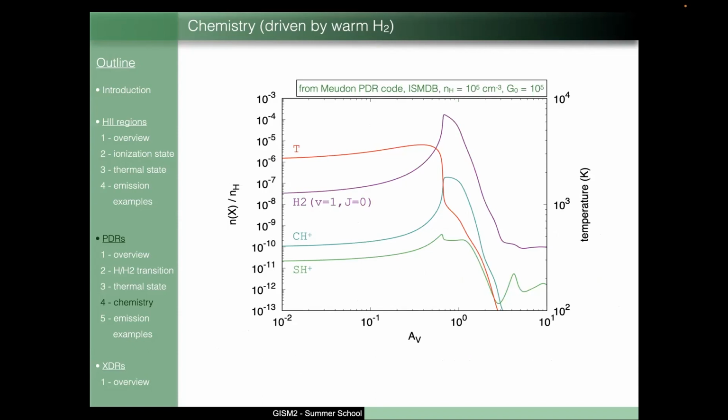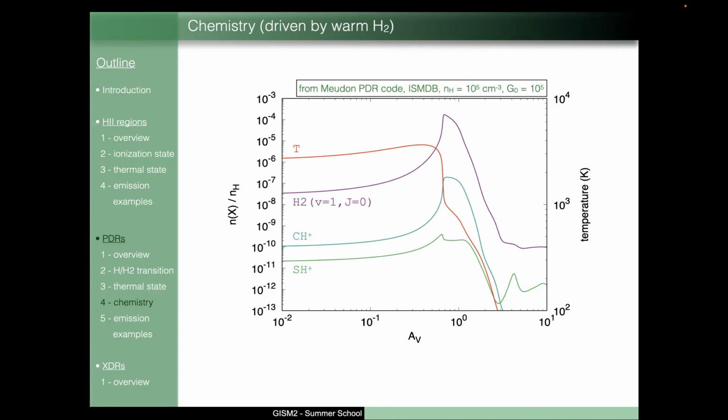On this figure, I show you the prediction obtained with the Meudon PDR code for a medium with a density of 10^5 and G0 of 10^5. So this corresponds to a hot and dense PDR. And this figure shows typically the evolution of the abundance of CH+ as a function of AV.